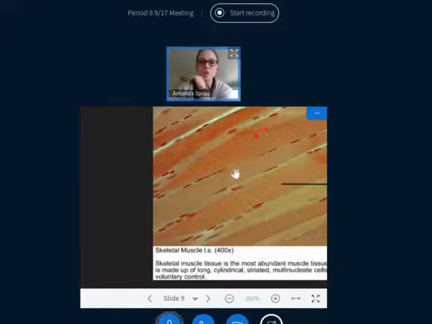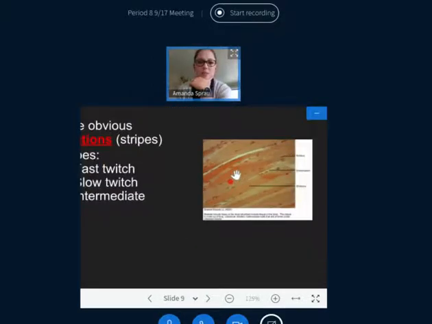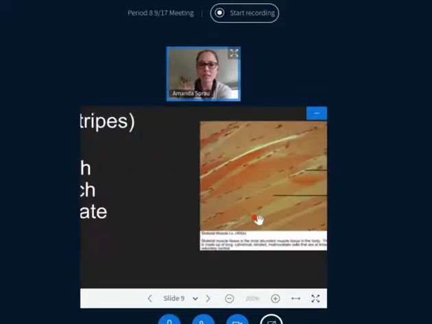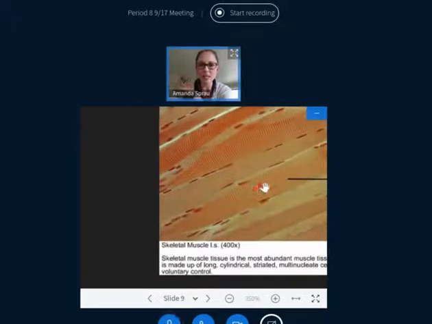There are three types of skeletal muscle: fast twitch, slow twitch, and intermediate, and you can tell them apart by the amount of striations they have. I'm not going to make you do that. We will talk about the different types later on. What I need you to know for now is how to identify these striations in skeletal muscle.